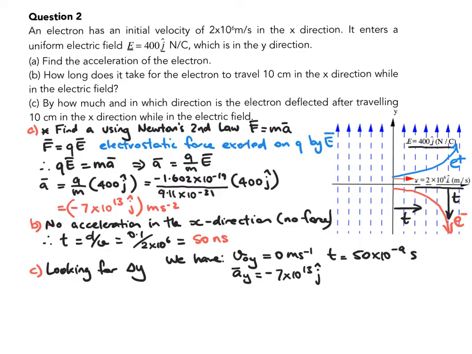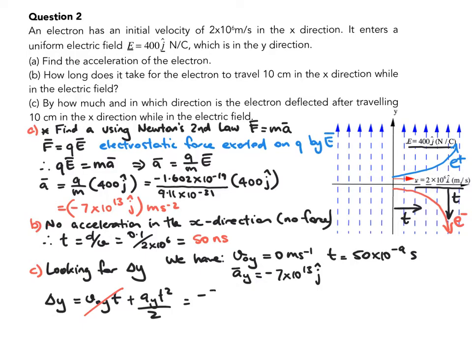Well, we're looking for delta y, then we can use this kinematic equation. Delta y equals v naught y t plus a y t squared on 2. Nicely, this disappears, and we can plug the values in now.